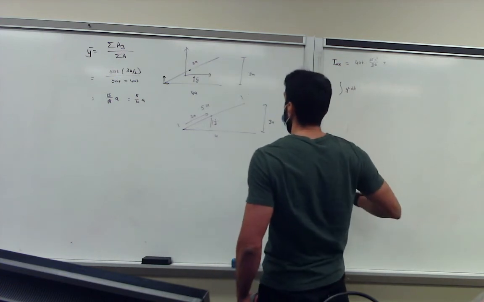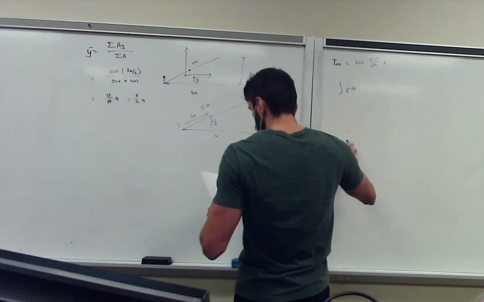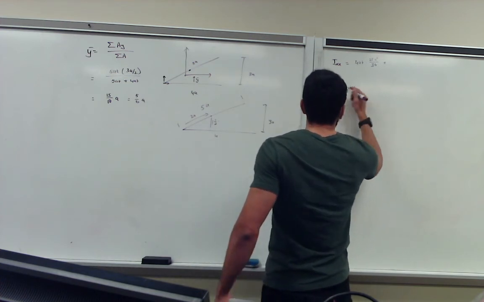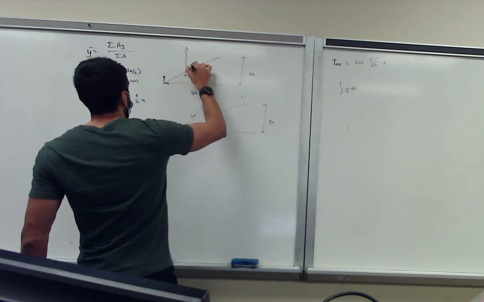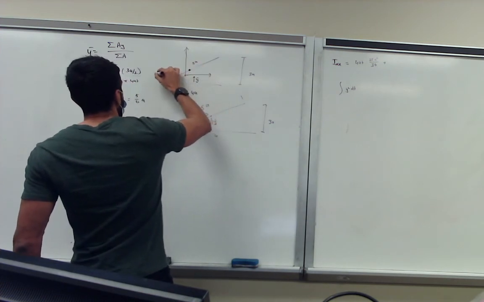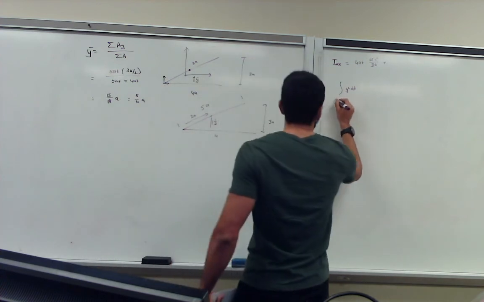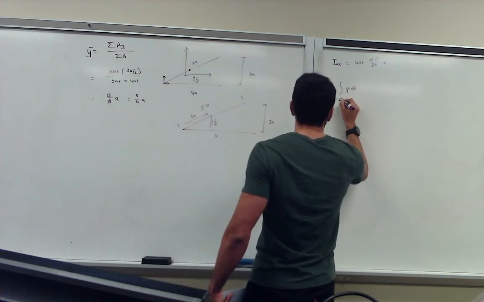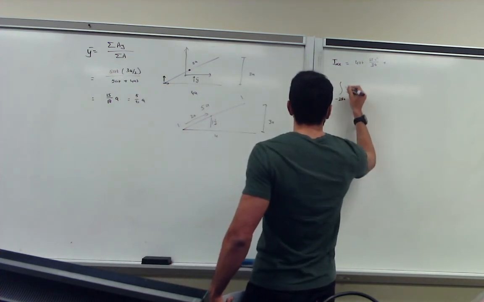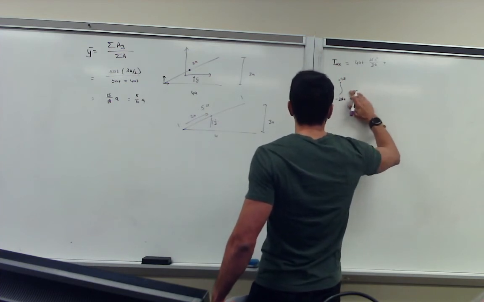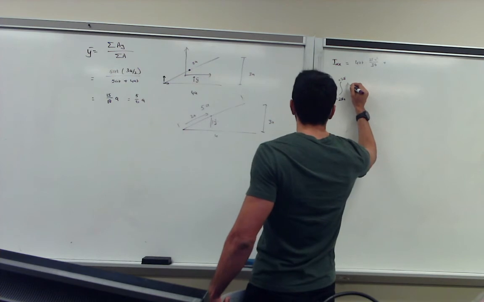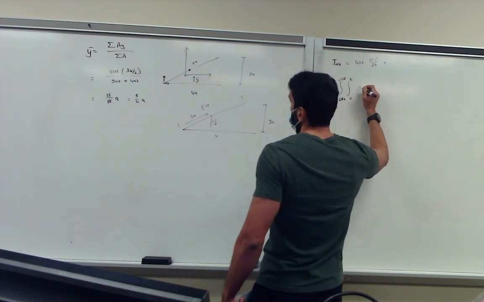Now you basically go from the integral formulation, from the centroid, so your bounds are negative 2.5a to positive 2.5a, and then 0 to t for the thickness, and then y squared.